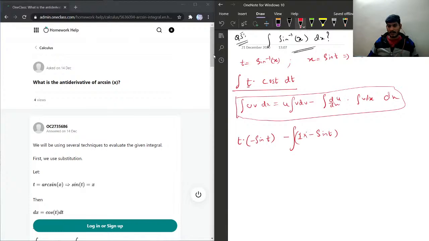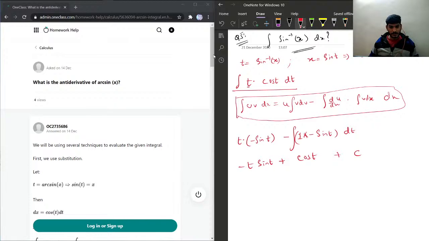This is multiplied, and this will be dt. So it will become minus t sine t, and this will become plus, and the integral of sine t is cosine of t, and we'll have a constant of integration.